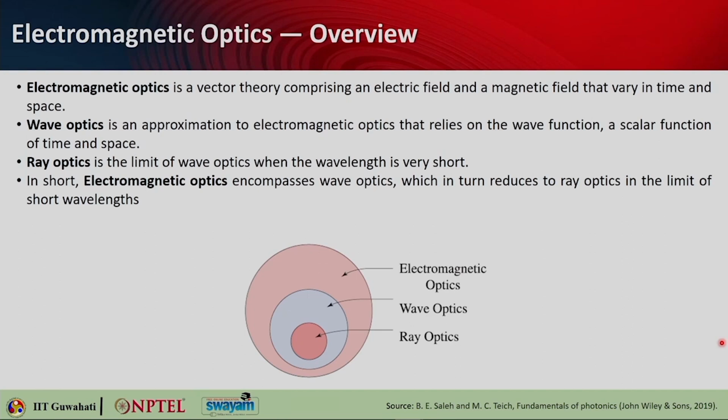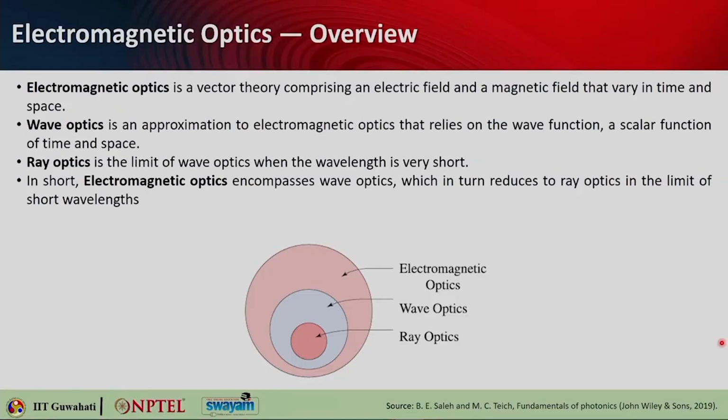Then there are limits in which light can be easily treated as a scalar function, or in the short wavelength range, described as rays. So why do we need all these different approximations? To explain different optical phenomena. That is how you can get a broader picture of electromagnetic optics, wave optics and ray optics.